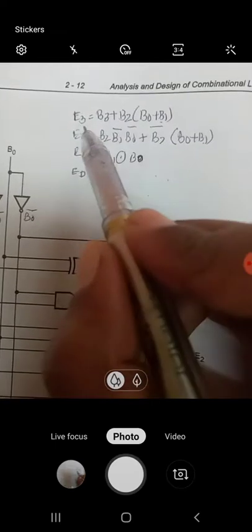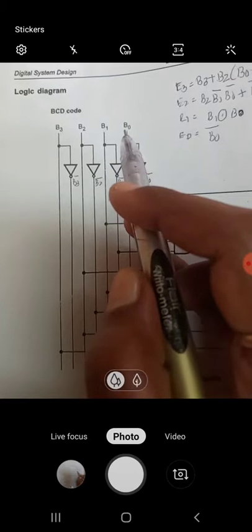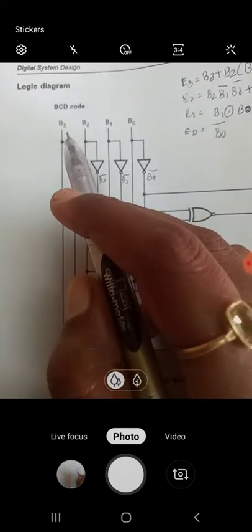If I write a consolidated expression, this is E3, this is E2, E1 and E0. If I want to draw the logic diagram for these expressions, this is how it looks. I have taken 4 inputs: B0, B1, B2 and B3.